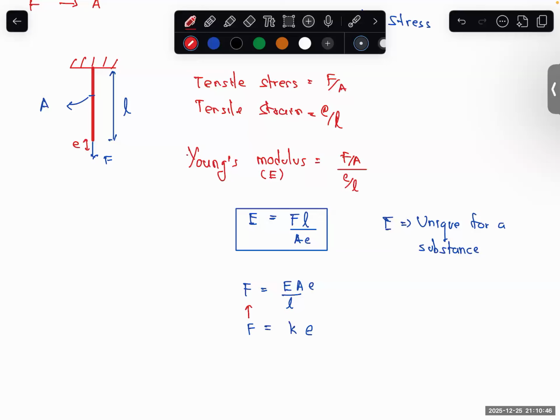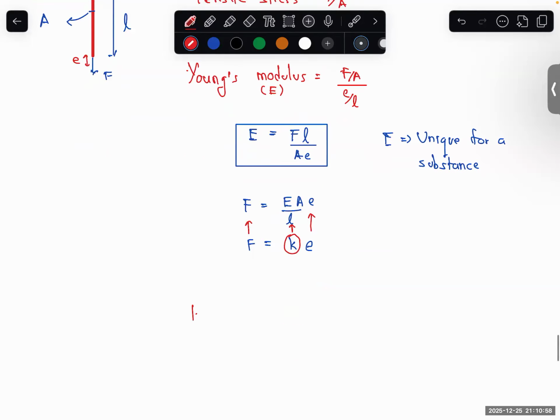F is there in both. E is there. Here K is there, but here instead of K, you have EA over L. So actually, K is EA over L. Force constant is actually EA over L.